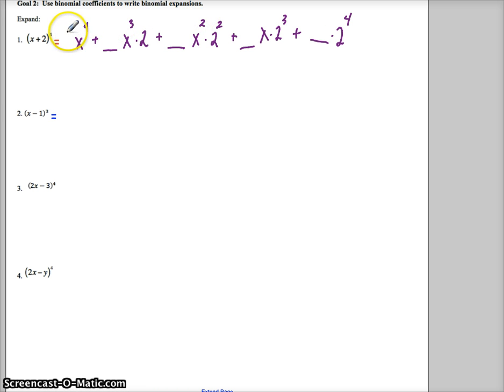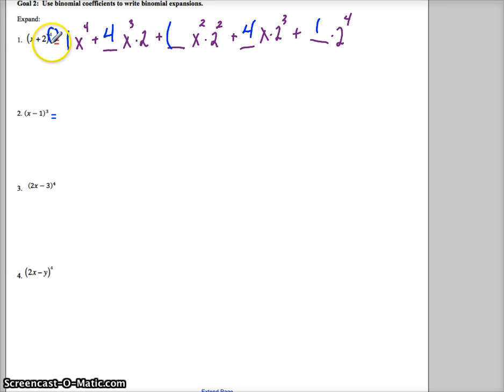We know that the first coefficient is 1, the last coefficient is 1. We know that the second coefficient is always the power of expansion. We know that the next to last coefficient is also the power of expansion. So we've got it pretty easy here. It should be very simple to find n above r.